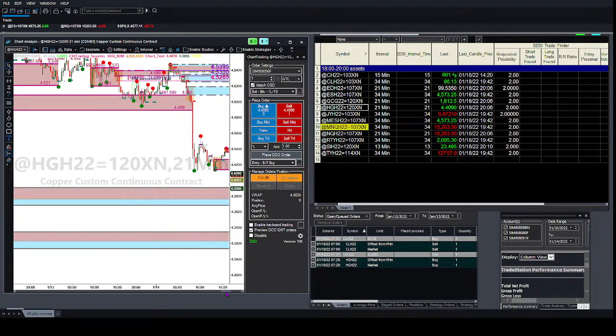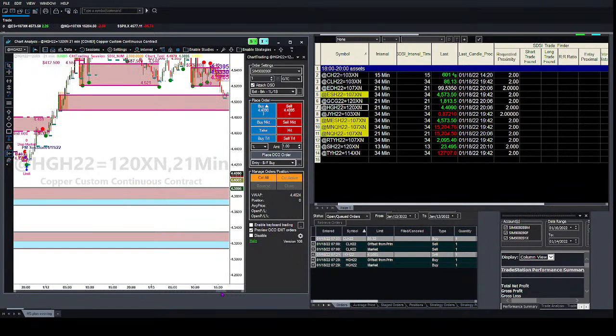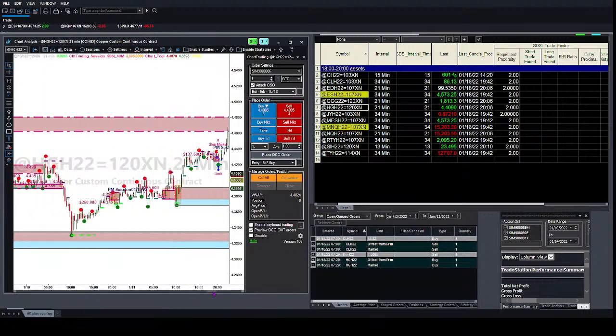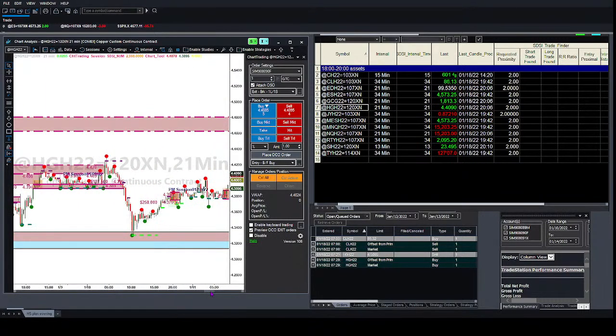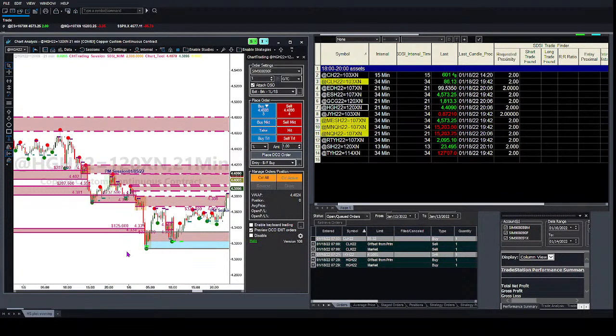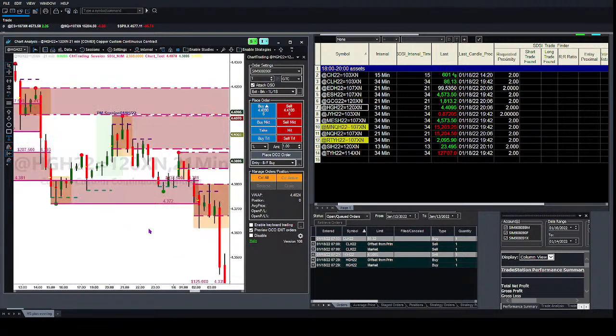I was looking to see. So this formed during the session, but didn't hit.